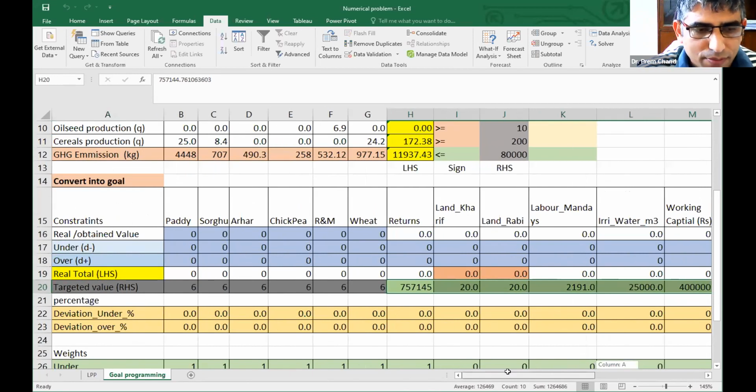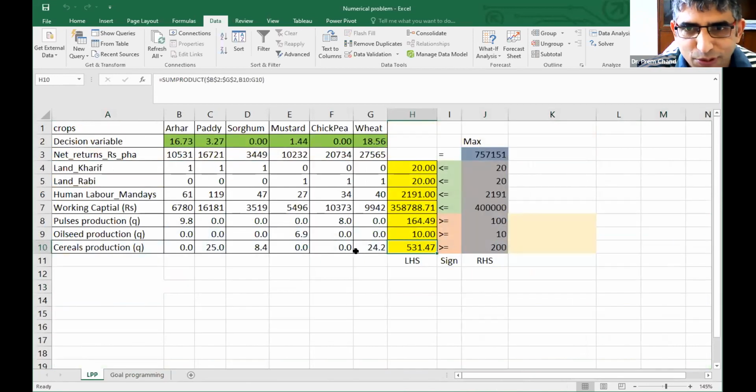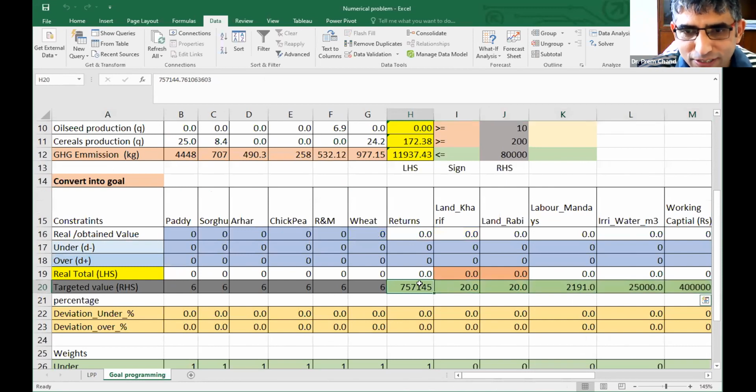In the previous LP, I got that I can achieve a net return of rupees 7.557 lakhs, total return of 7.57 lakh from my 20 hectare field. So I want that my return should not go below this level.